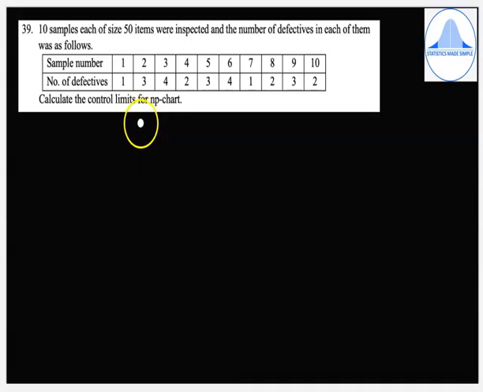The NP chart is also known as the D chart, and the number of defectives is nothing but D. So you can mark the number of defectives as D, and when we add up the defectives, we get summation D is equal to 25.